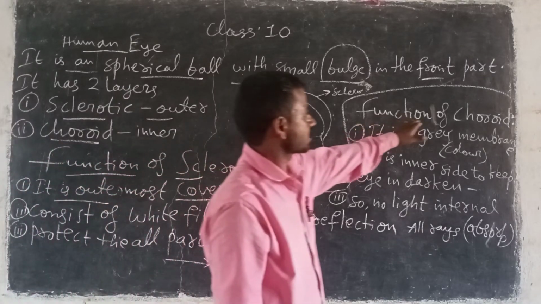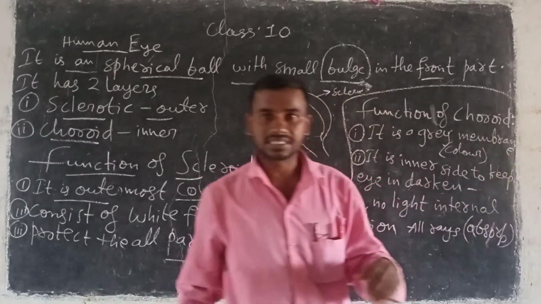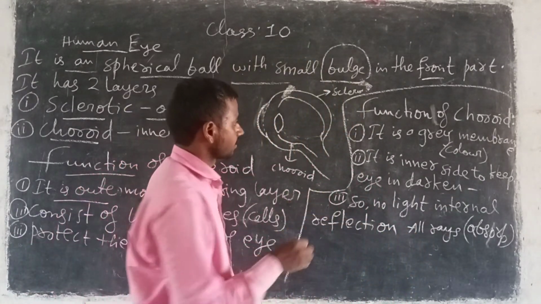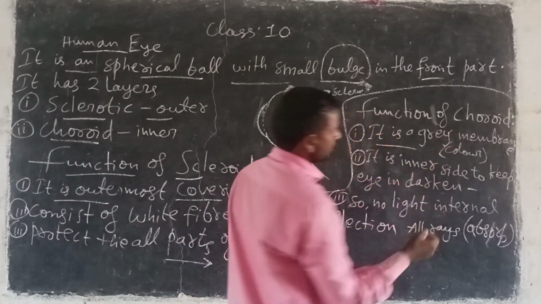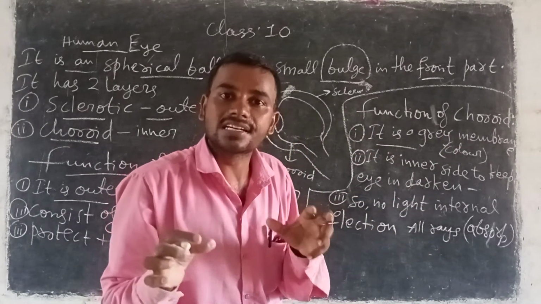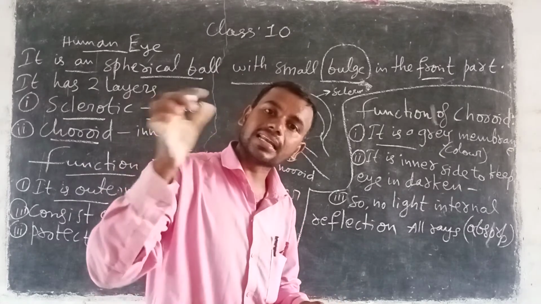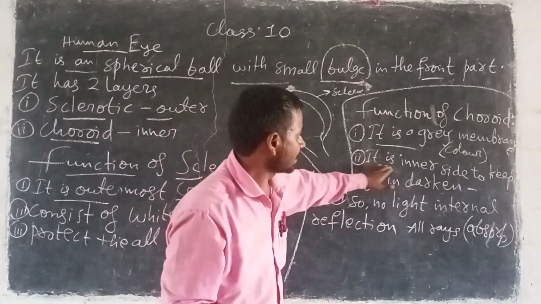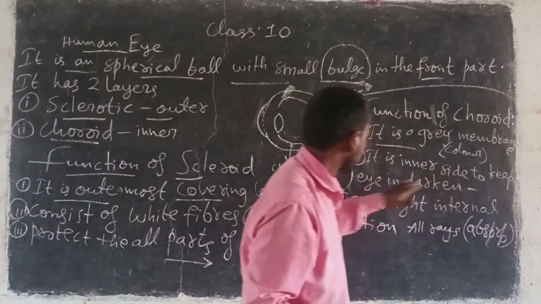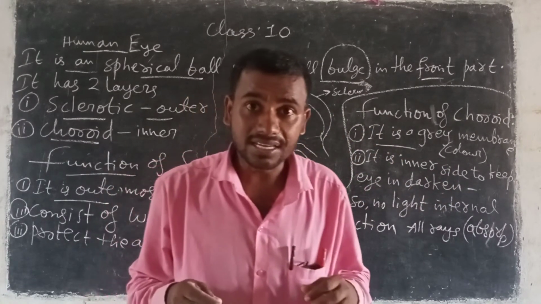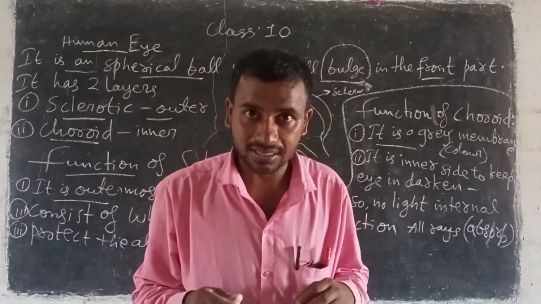And here, the functions of the choroid, the inner layer. What are the functions of the inner layer? Look here. It is a gray colored membrane. It is on the inner side to keep the eye dark. Our eye should be in the dark.